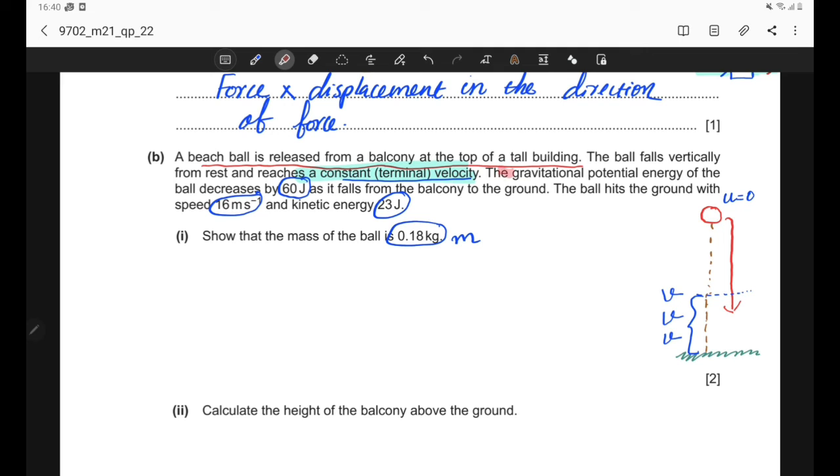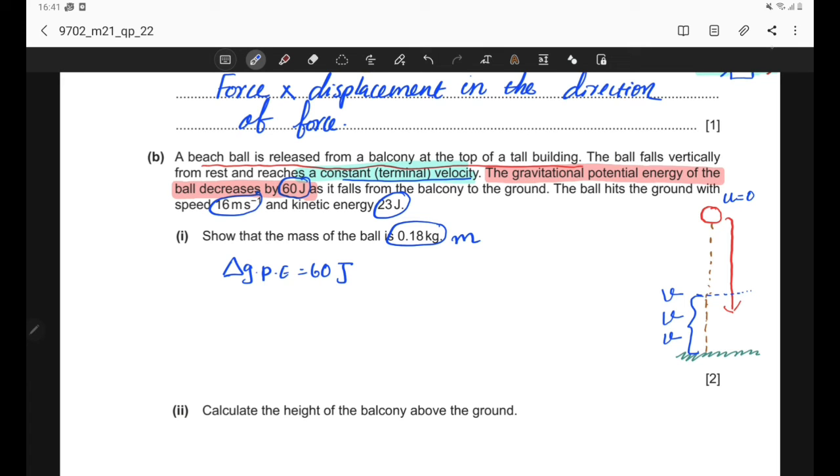About gravitational potential energy, it's mentioned that the gravitational potential energy of the ball decreases by 60 joule as it falls from the balcony to the ground. So when the ball falls down, we know that height reduces to 0. So there will be a decrement in gravitational potential energy, which is given, that is 60 joule.